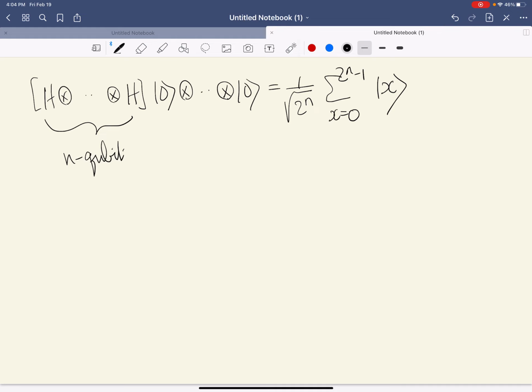Okay, so now I have this single letter x to represent all possible 2 to the n basis states going from 0, 0, 0, 0 to 1, 1, 1, 1, all the way to the end. Okay, so this is a quick way of literally bringing out every single state in the Hilbert space. Bring out every state.